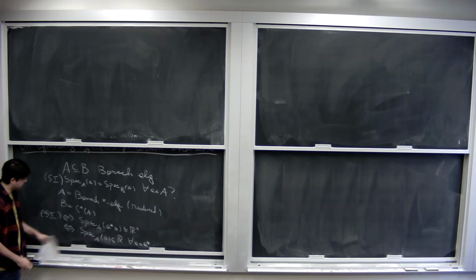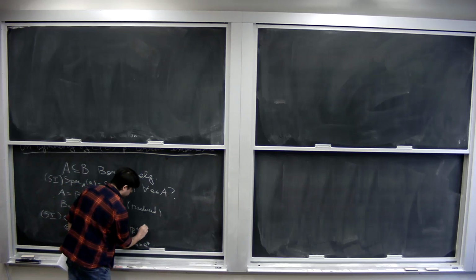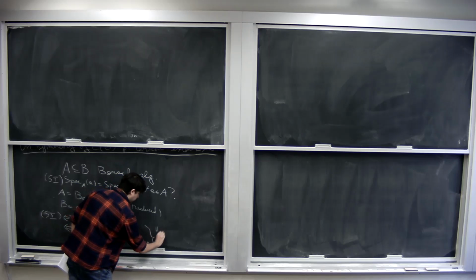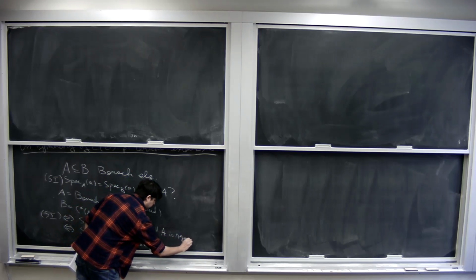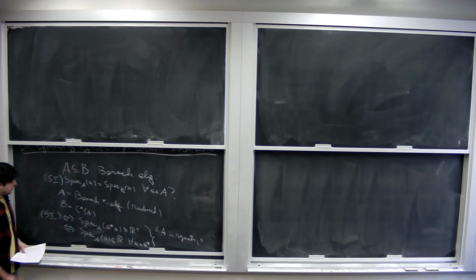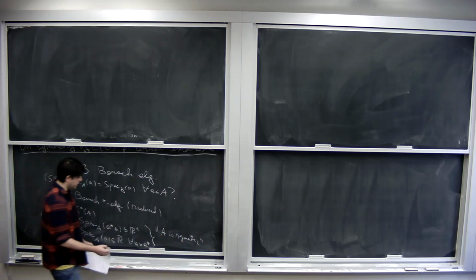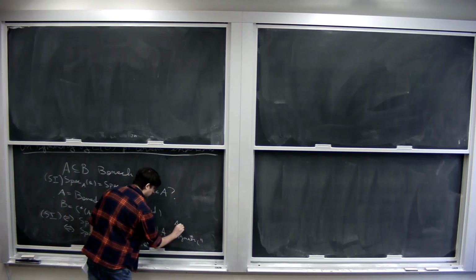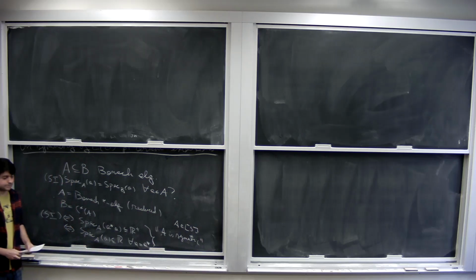Both of these are going to be called symmetry. A is symmetric. And I'm going to denote the class of symmetric algebras as just S, because I don't want to write symmetric down every time.